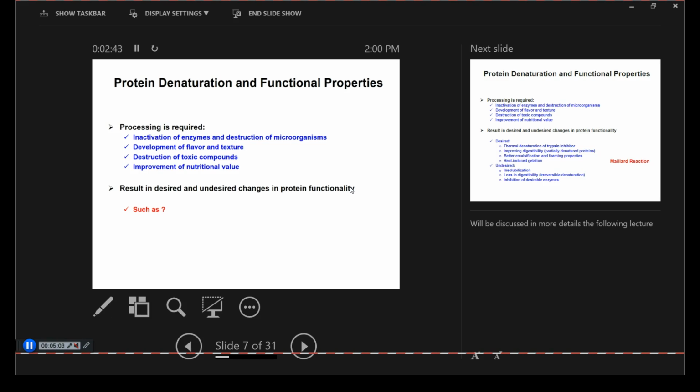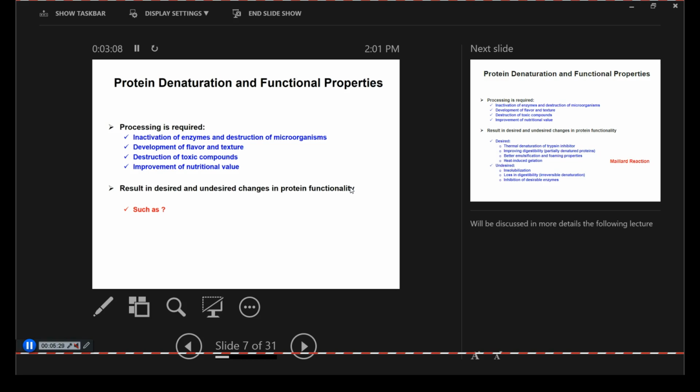Also development of flavor and texture. When you heat the food, eating raw meat is not as flavorful as eating cooked meat. Also destruction of toxic compounds, so degradation of compounds that might otherwise be harmful to us, and thermal degradation would get rid of that.